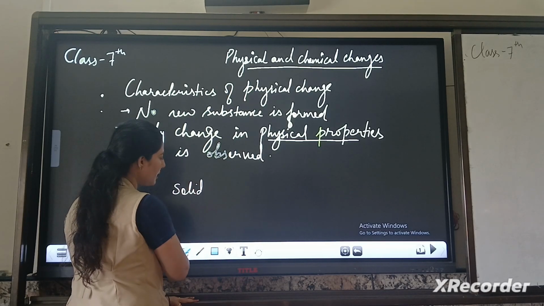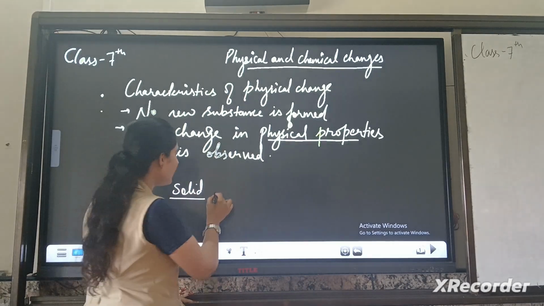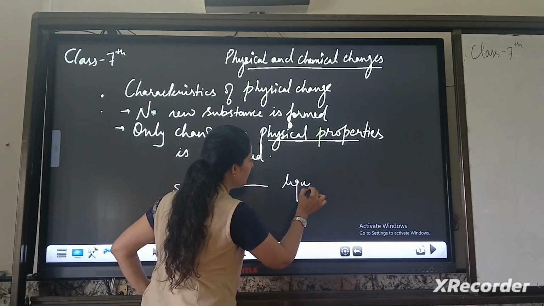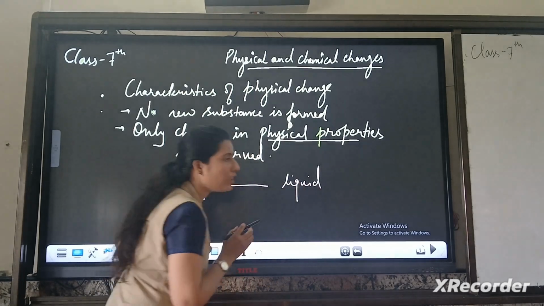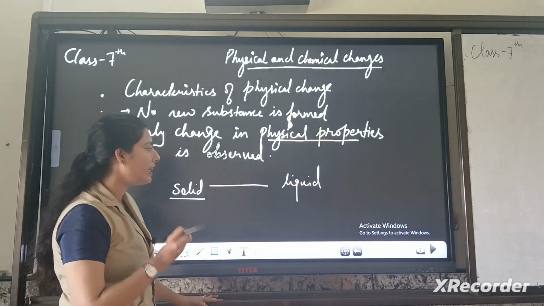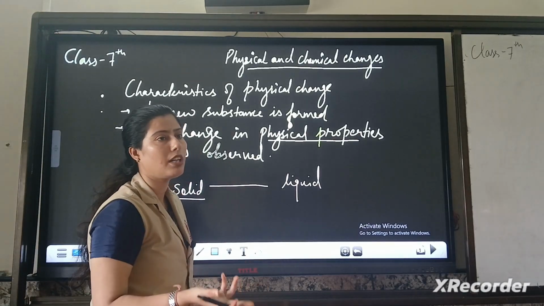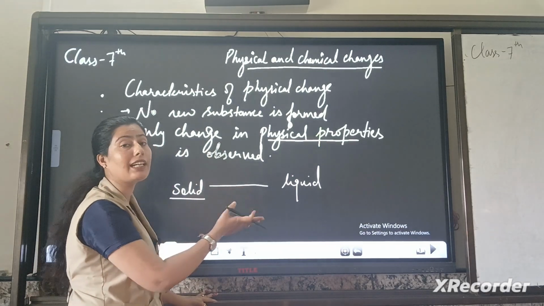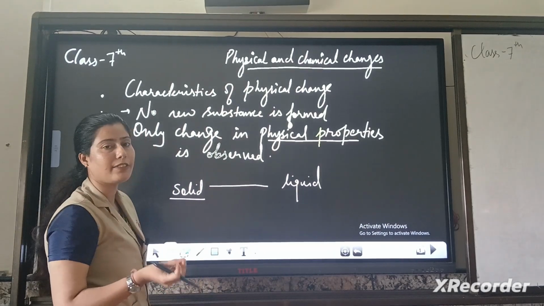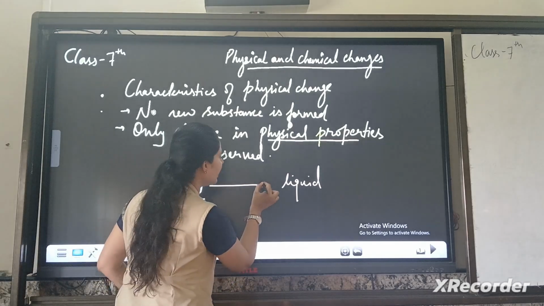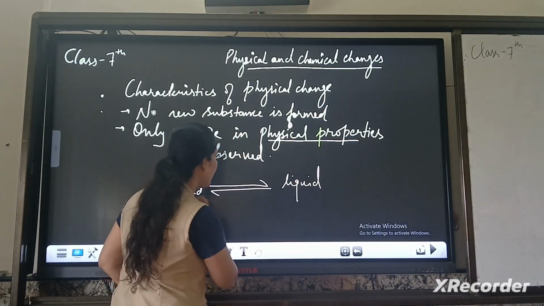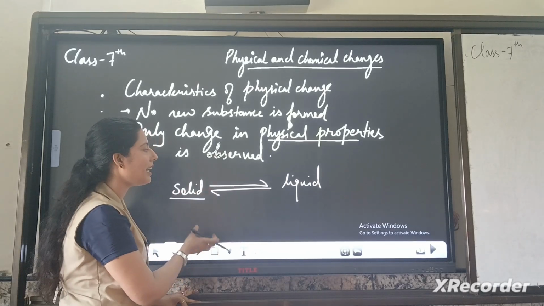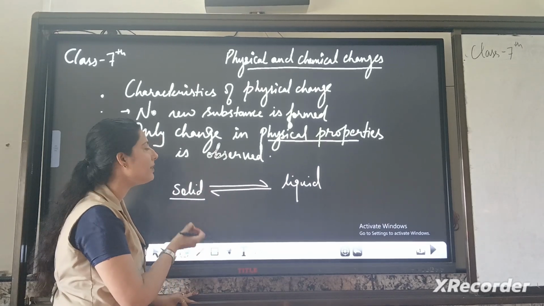We have a solid substance and I want to convert it into a liquid form. When we change the condition of a process or a reaction, this change from solid to liquid gets reversed. We use a sign for reversible changes, that is the half arrows. This shows that this reaction, or this process, is a reversible process.